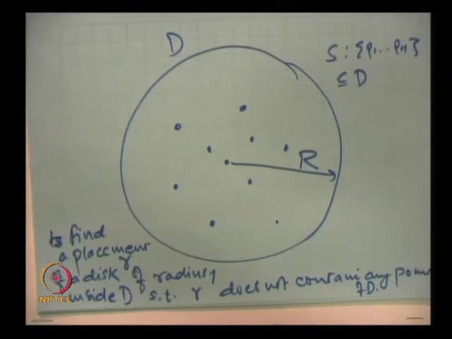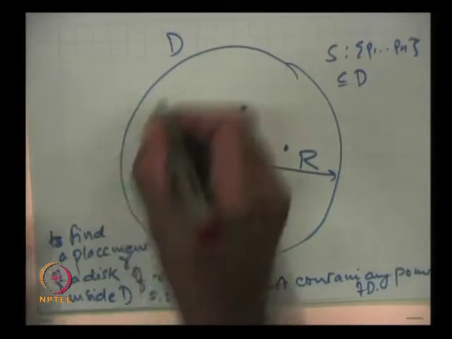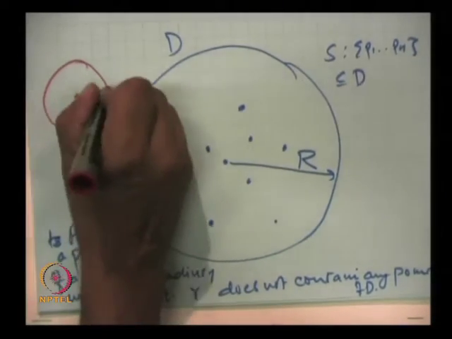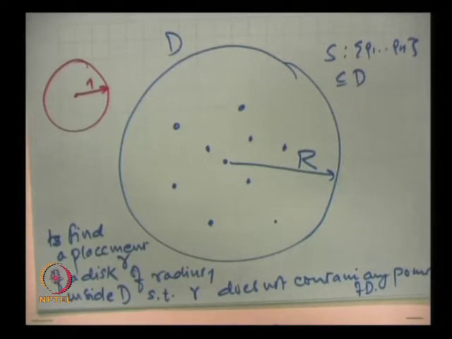So the question I want to ask is: can I place a disk of radius 1 inside the bigger disk so that it does not contain any of the input points.